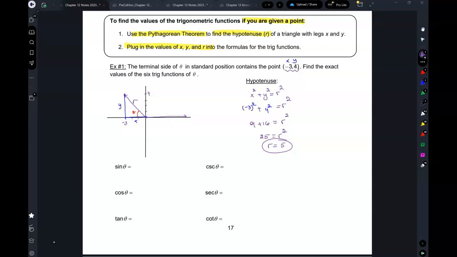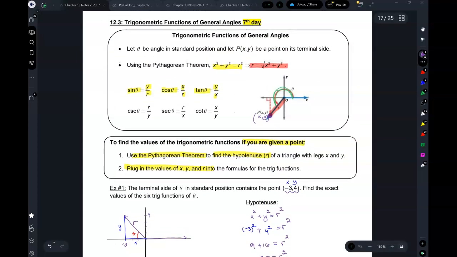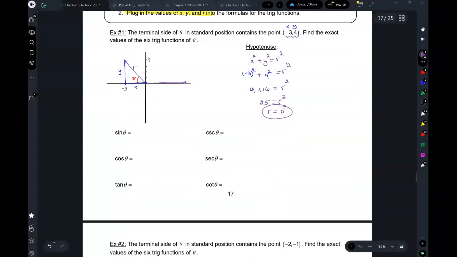Just by looking at this, we need to find sine, right? Sine is opposite over hypotenuse. What letters would that be? What over what? Y over r, and that's the formula right there. So sine is y over r, which, the y coordinate was 4, is 4 over 5.